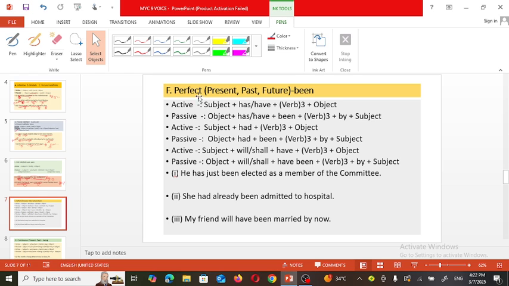When the sentence is in the perfect tense, meaning present perfect tense, past perfect tense, or future perfect tense: in the active voice, if the sentence is in present perfect tense, then the subject will come first, then has or have according to the subject. For example, I have, you have, we have, he has, she has, it has, Raju has, but boys have, children have, a child has.